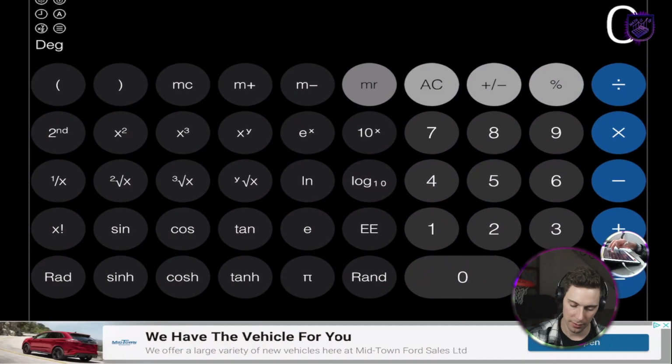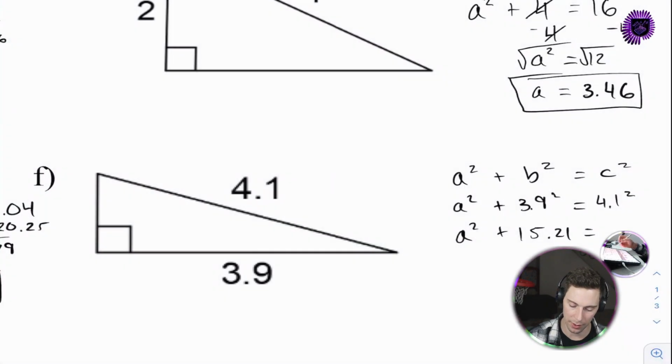4.1 squared. 4.1 squared is 16.81. And we can subtract 15.21 here, which cancels out.